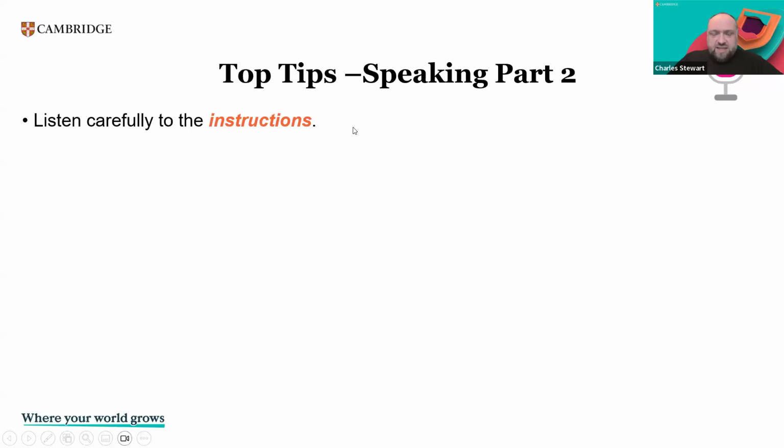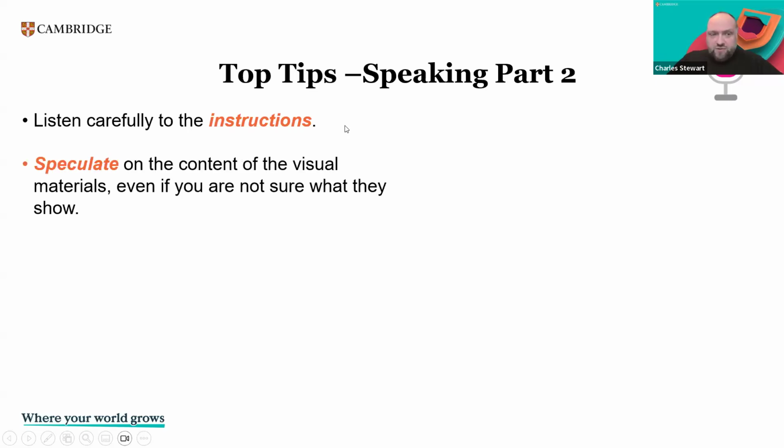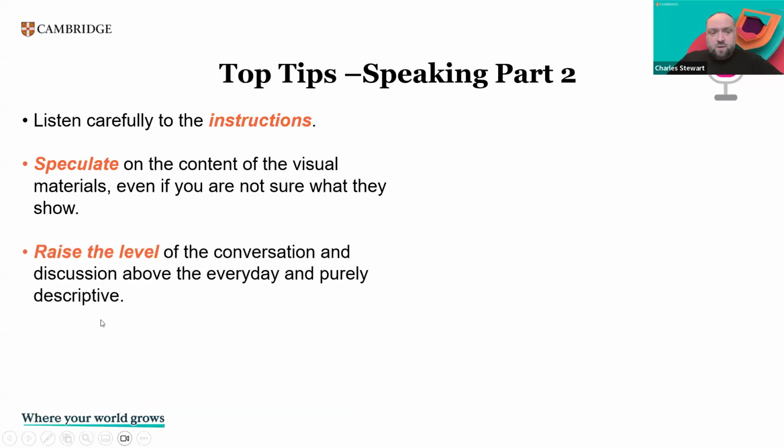Make sure, especially in part two, that you're listening to what the interlocutor or the examiner is saying and that you're following the instructions. It's okay if you're not sure what the pictures are. It's okay if you speculate on the content as well. Raise the level of the conversation above just the everyday, purely descriptive. So, for example, in this picture, I see a man. The man is holding a comb and standing in front of the mirror. Perhaps he's in his house.